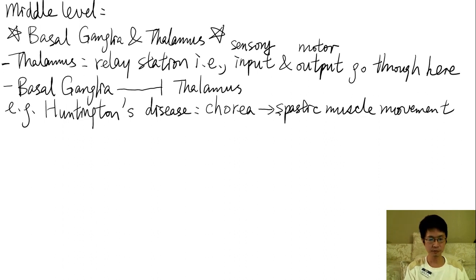But our focus is not on Huntington disease. Our focus is Parkinson disease. Parkinson disease is the polar opposite of Huntington disease. What happened? The causes.